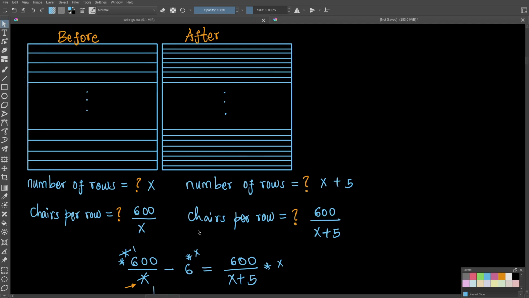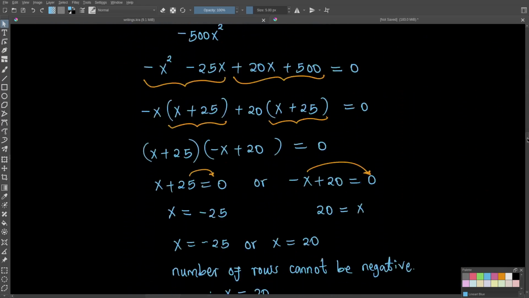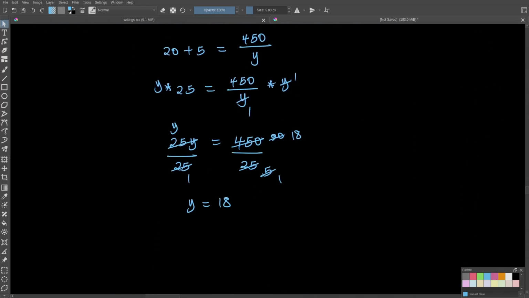So afterwards, the chairs per row was 600 over x plus 5. So we scroll downwards again, and we are going to say chairs per row will be 600 over x plus 5.